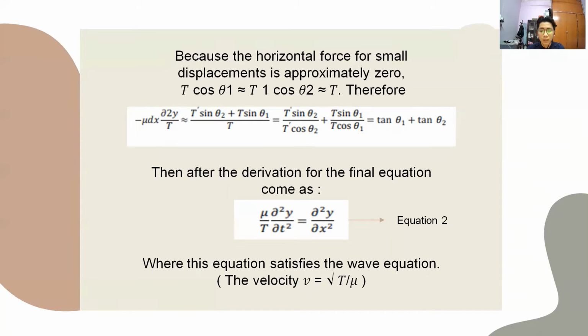And the solution is tangent theta 1 plus tangent theta 2. After the derivation from tangent theta 1 plus tangent theta 2, the final equation comes as mu over t delta y over delta t is equal to delta y over delta x squared, where this equation satisfies the wave equation, in which the velocity v is equal to square root t over mu.